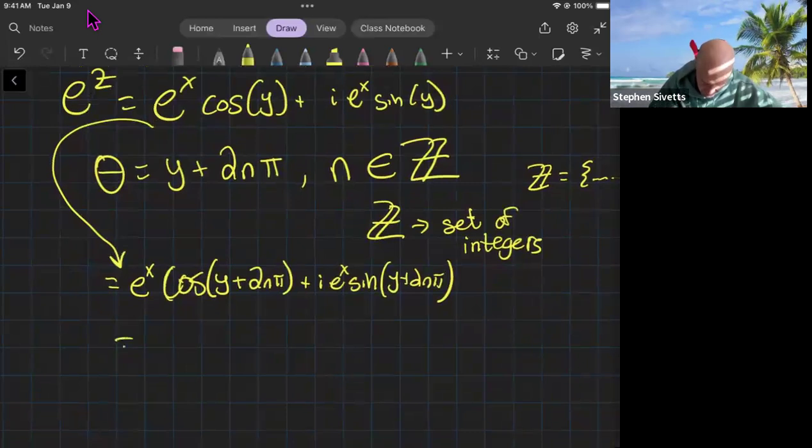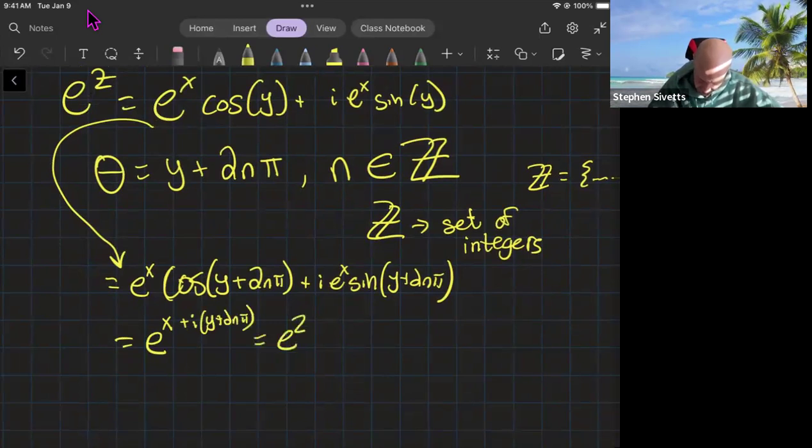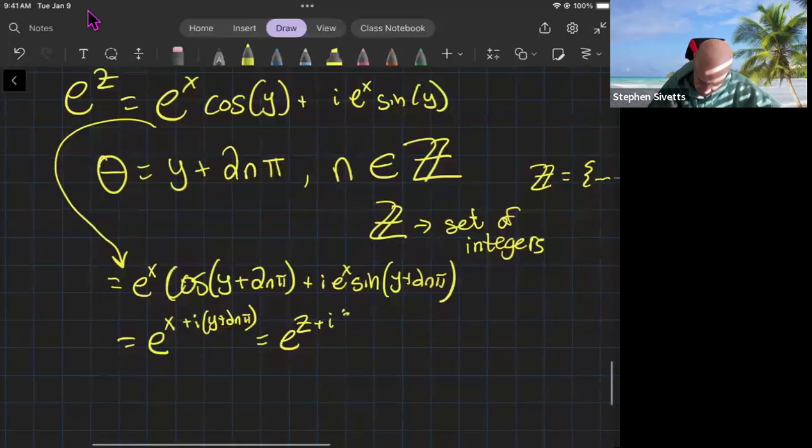And so this would equal e to the x plus i times y plus 2n pi, which is just e to the z plus i times 2n pi.